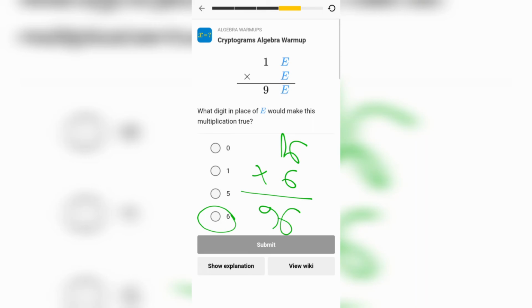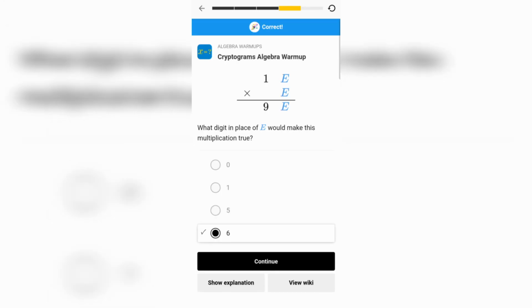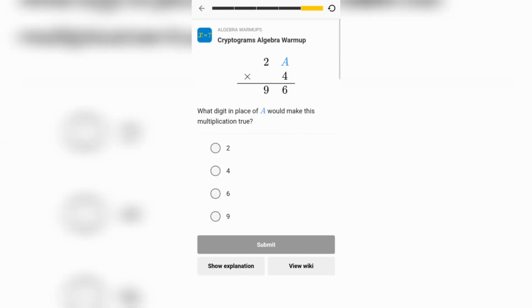So in this case, the answer is 96, and E equals 6. Okay, so it's 96, and we have the correct one. And there's another one. 2A times 4 is 96. This is another easy one.